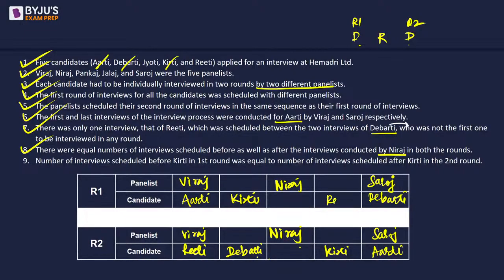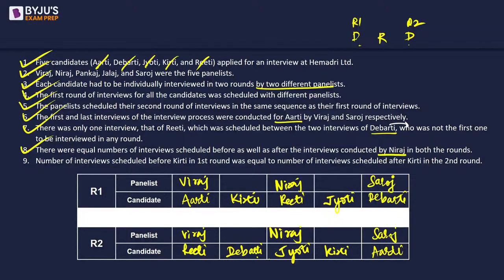So if I put by chance Riti here, they both will become Jyoti, which is not allowed. है ना? So this forces us कि Riti will be here. So that Jyoti is here and Jyoti is here. So Jyoti is also done and Riti is also done.